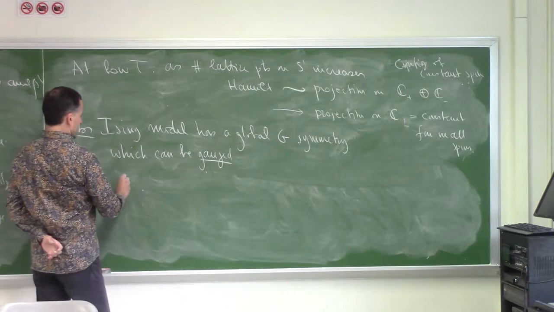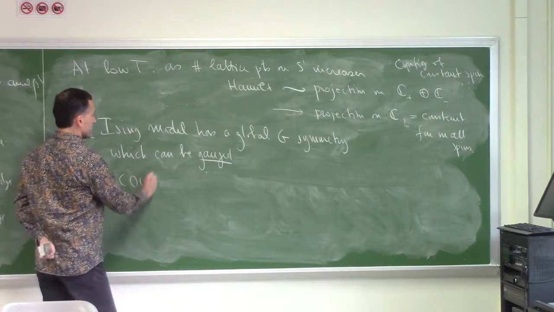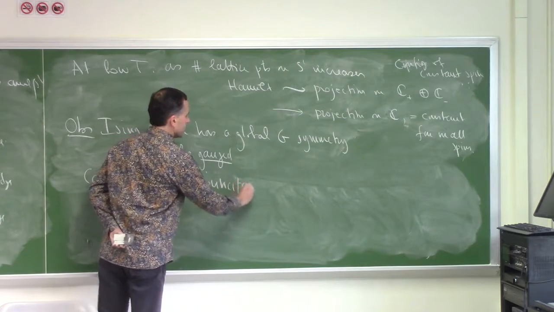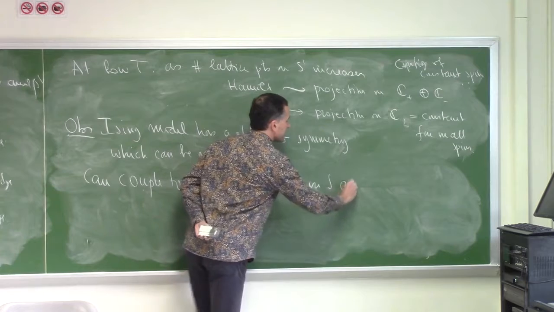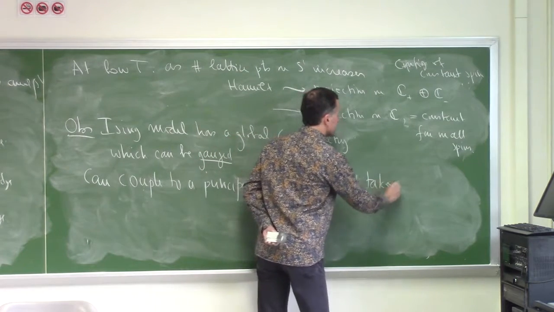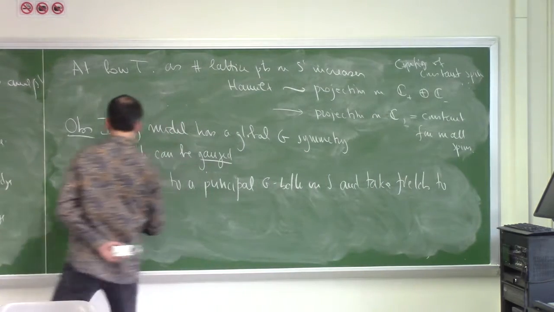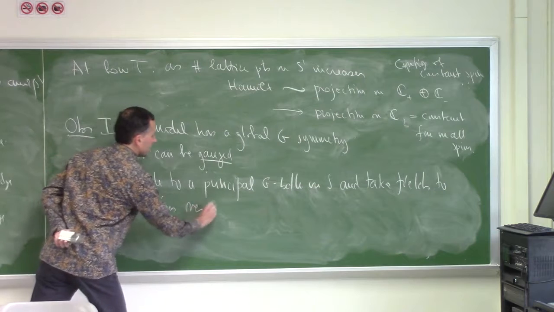So we can replace, let's see, couple to a principal G bundle on S and take fields to be sections over V.